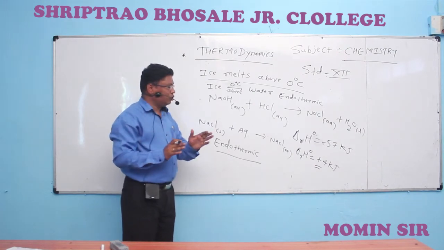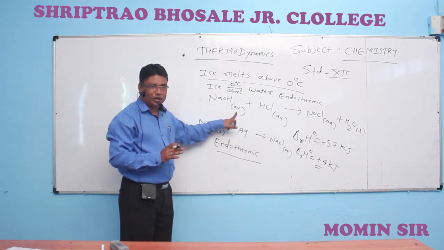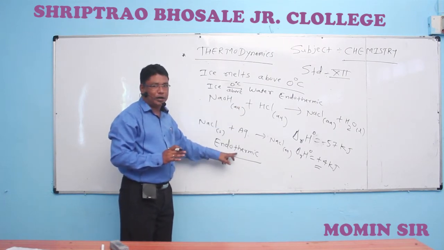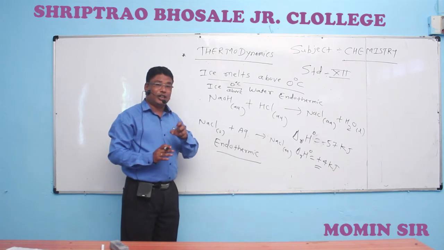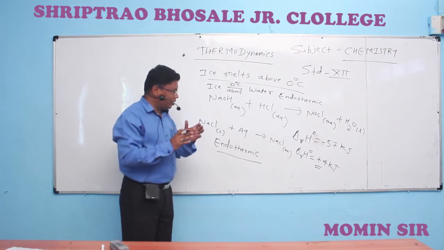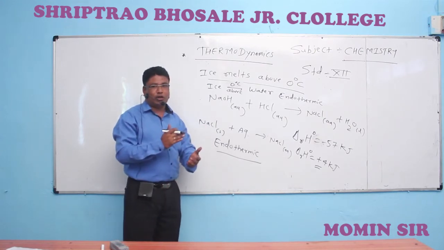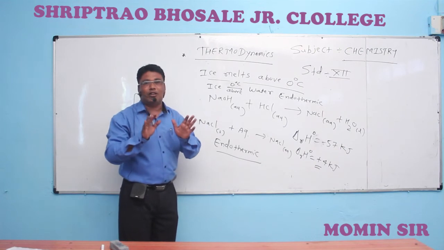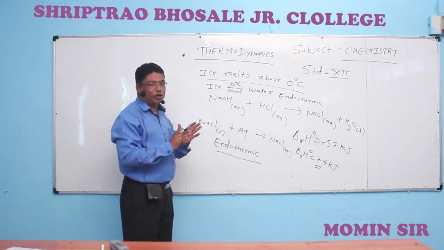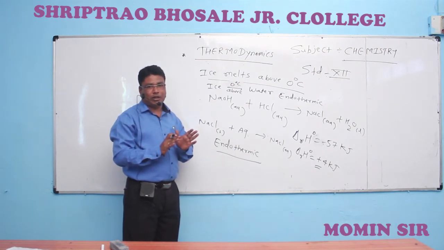Means all exothermic reactions are spontaneous. It is true. But from this example it is found that endothermic reactions are also spontaneous. So whether a reaction is exothermic or endothermic, from this we cannot decide whether the reaction is spontaneous or non-spontaneous.